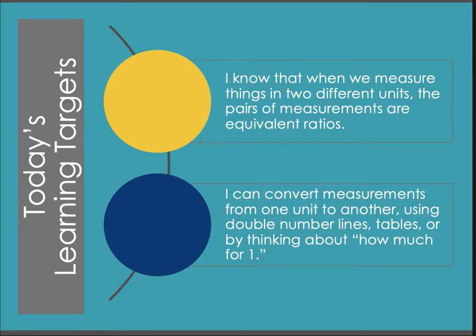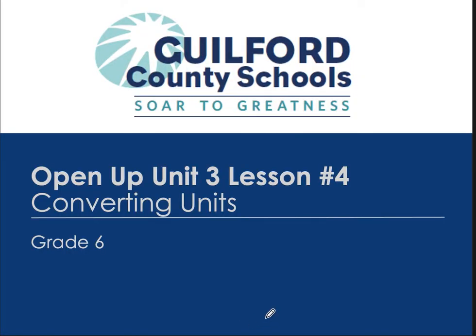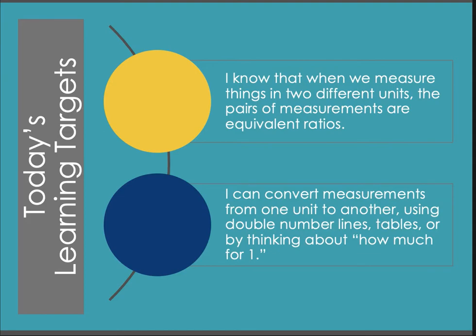All right, so we are on our Unit 3, Lesson 4, Converting Units. By the end of today's lesson, I want you to know that when we measure things in two different types of measurements, such as our previous lesson on centimeters versus inches, or kilograms versus grams, the pairs of measurements are equivalent ratios.